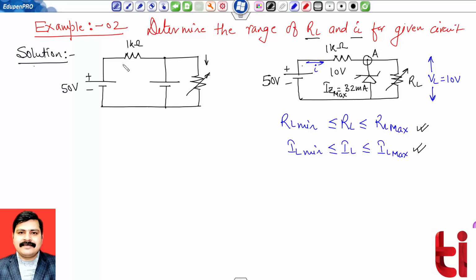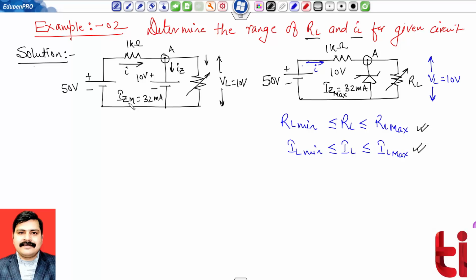I'm not showing. This current is I, this current is IZ. Suppose this is my node A, voltage 10 volt given. That means voltage across this VL will be equal to 10 volt now, and value of IZM is given. This is 32 milliampere.